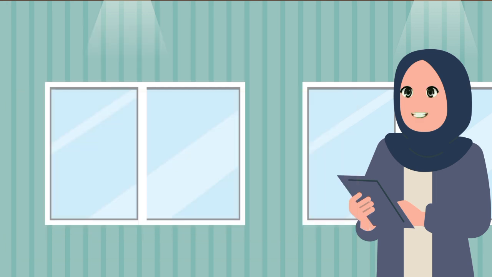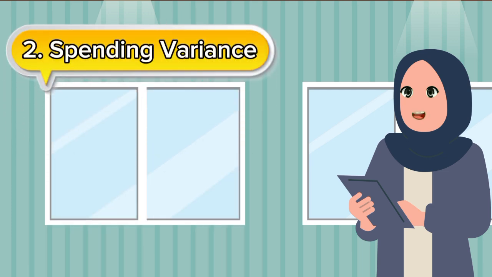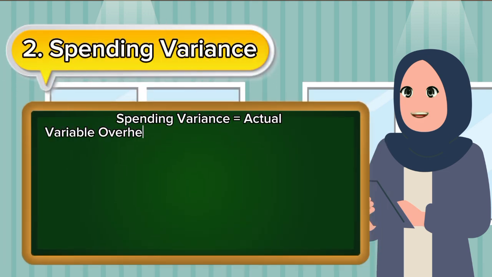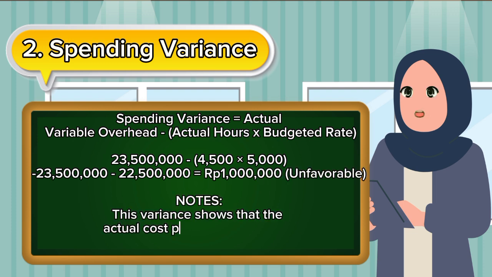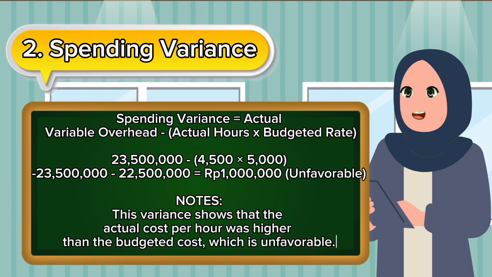And the second step is spending variance. Spending variance we get from actual variable overhead minus actual hours multiplied by budget rate. So 23,050,000 minus 4,500 multiplied by 5,000.